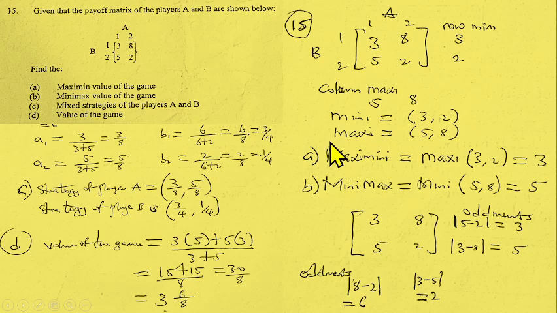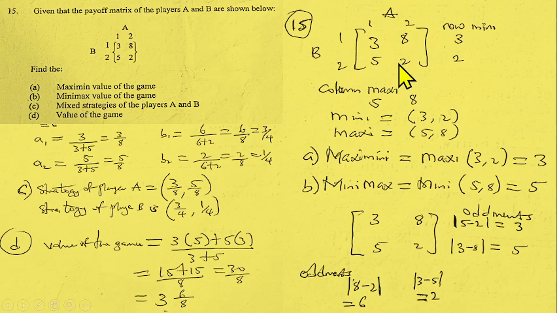Then to get the strategy for this as well, sorry, this should be 8, not 6. Pardon me, I made a mistake in that.